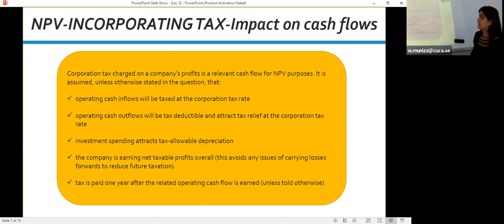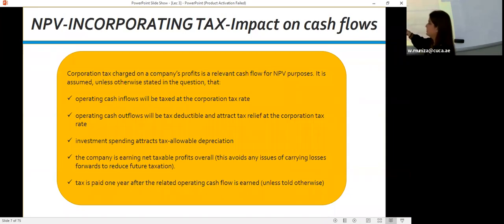Operating cash flows will be tax deductible and attract tax relief at the corporation tax rate. So whatever cash outflows there are, you are not going to consider whether they are allowable deductions or not. You will assume they are deducted and tax relief will be present.